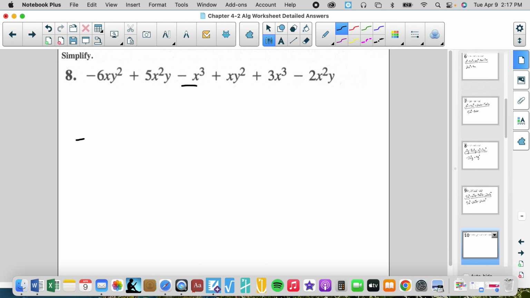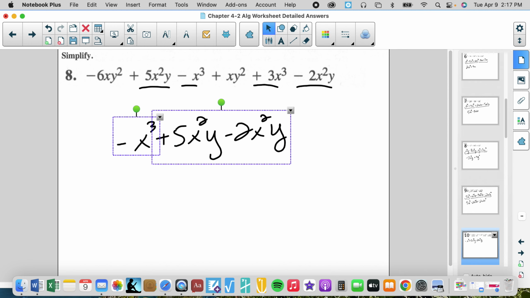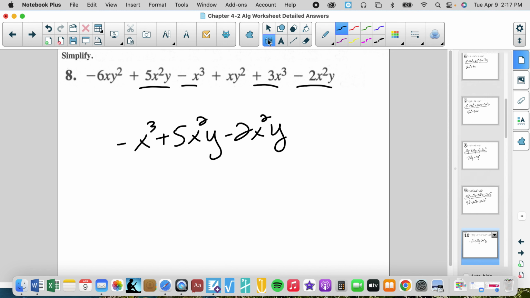So we got x to the third. We have x to the second. So positive 5x to the second y, negative 2x to the second y. Now we have, oh, I had 2x to the third, sorry. Let's move that. Good. Because I checked it off, I was able to notice that I had forgotten one.